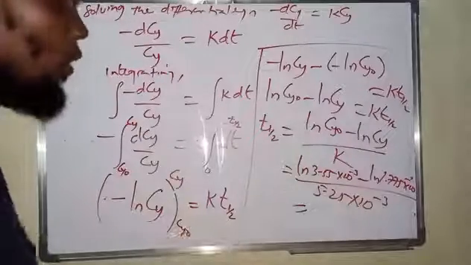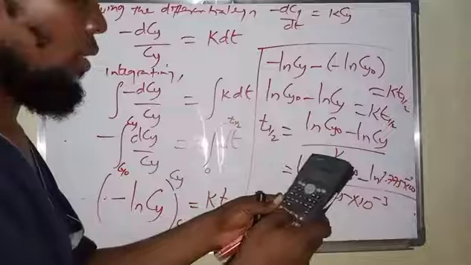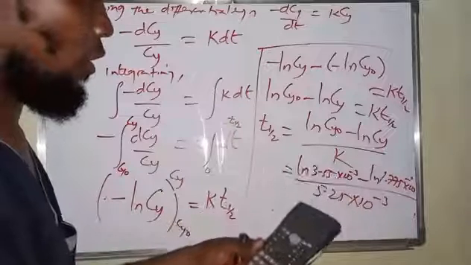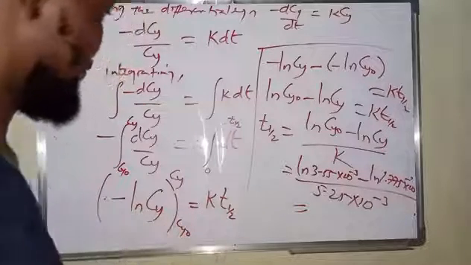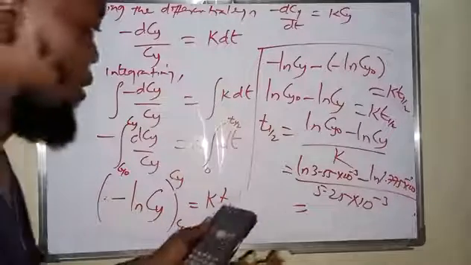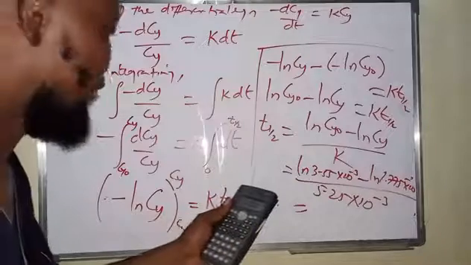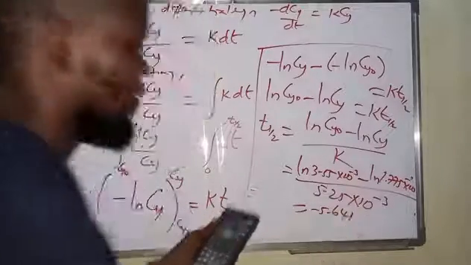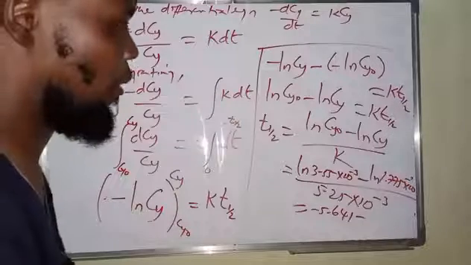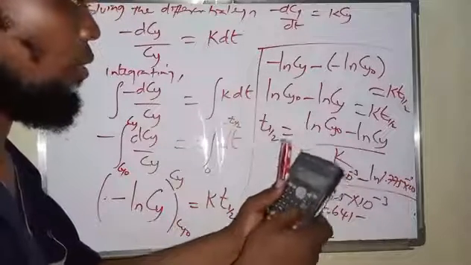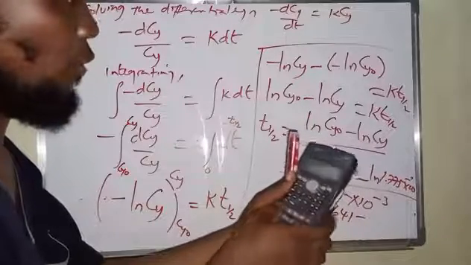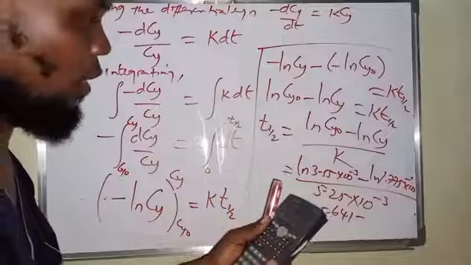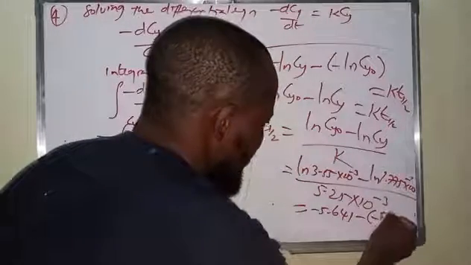So substituting will give us ln of 3.55 times 10 to the power minus 3, which gives negative 5.641, then minus ln of 1.775 times 10 to the power minus 3, which gives negative 6.334.